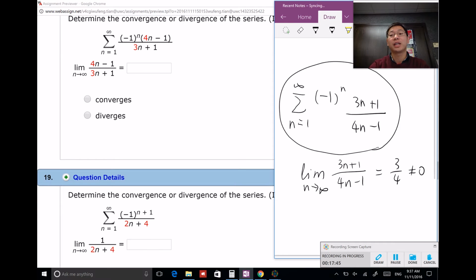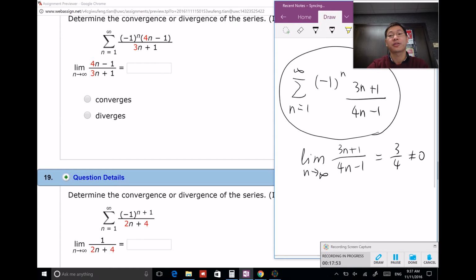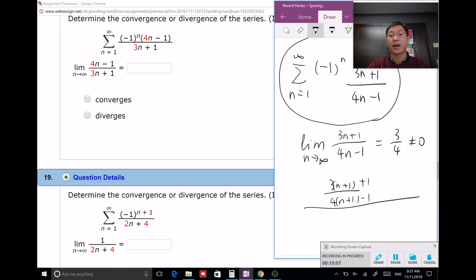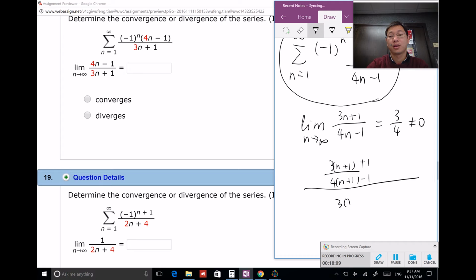Since we're not using the ratio test or comparison test, you are talking about the nth term. Well, you think, oh, what if I use the ratio test? If you use it, you're going to get a 1. Because if you divide the next term, 3n plus 1 over 4n minus 1, by the previous term, it's just 1.